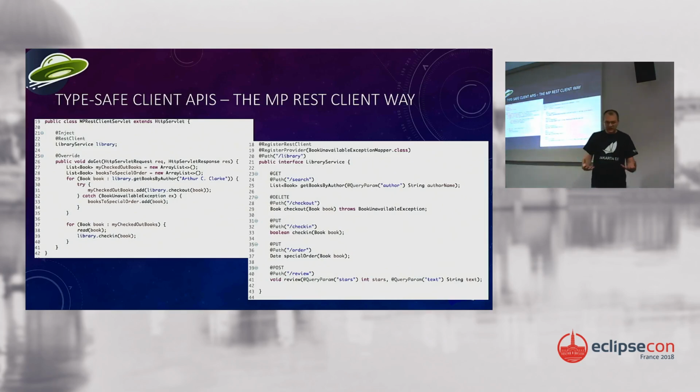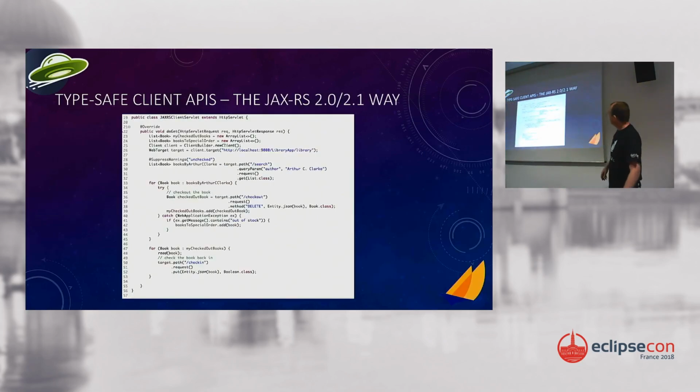It's just a lot cleaner and a lot nicer. The other thing I should point out is that using CDI and MicroProfile config, you can actually inject it, and you're not doing any of the boilerplate stuff up here. You don't have to worry about web targets and clients and things like that.